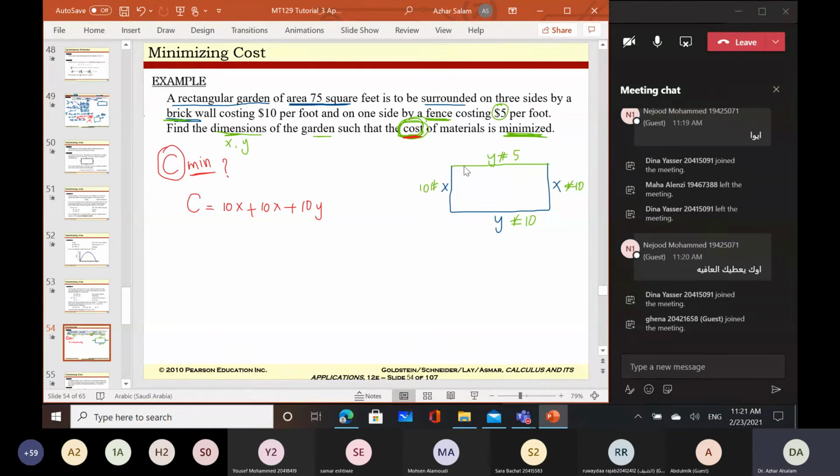Plus 5 multiplied by Y. This is only fencing, a regular fencing, costing $5. So it will be plus 5 multiplied by Y. I now simplify this. I have here 20x plus 15y.